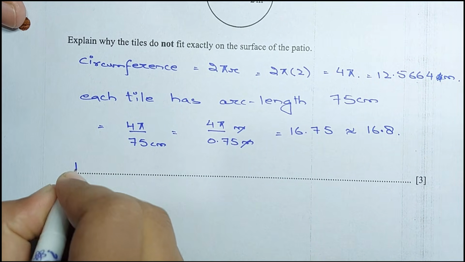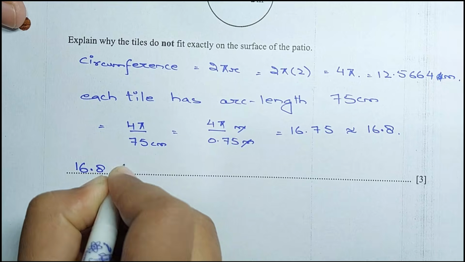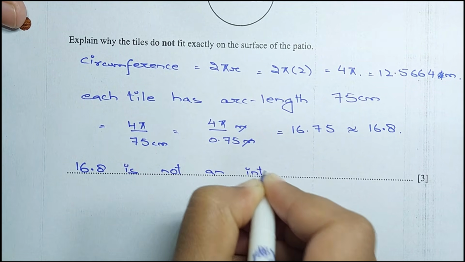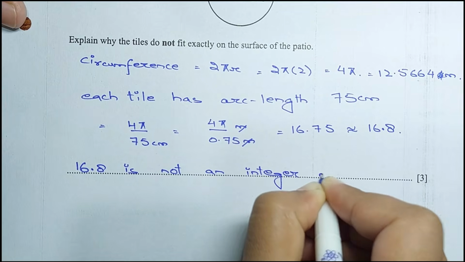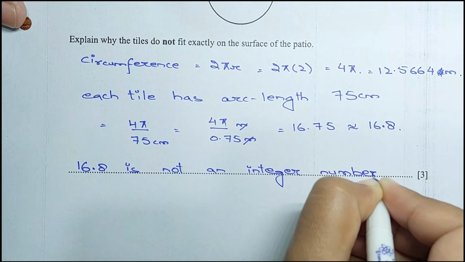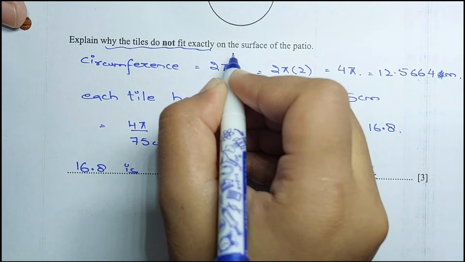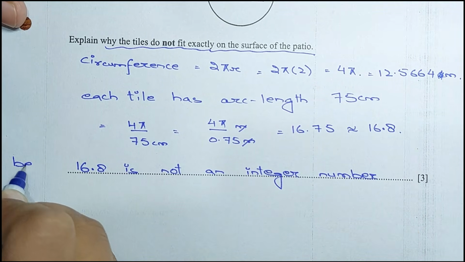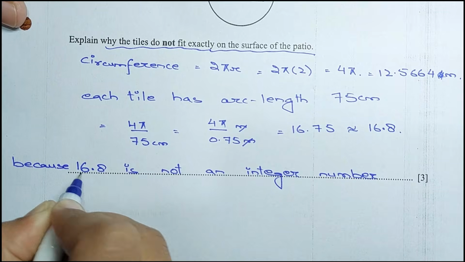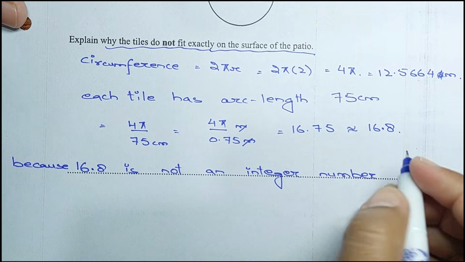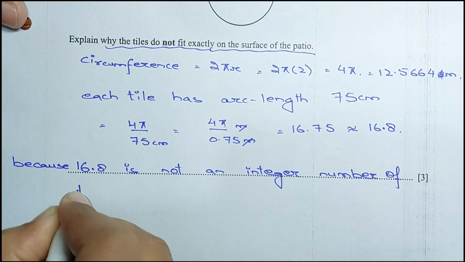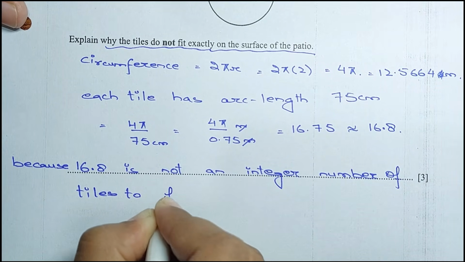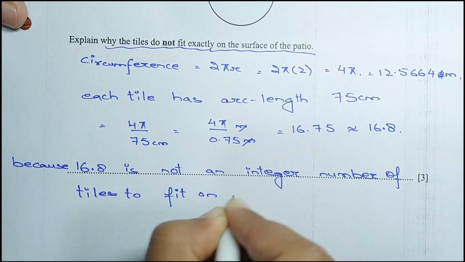And the reason is 16.8 is not an integer number, that is why the tiles do not fit exactly on the surface of the patio. Why? Because 16.8 is not an integer number of tiles to fit on the surface of patio.